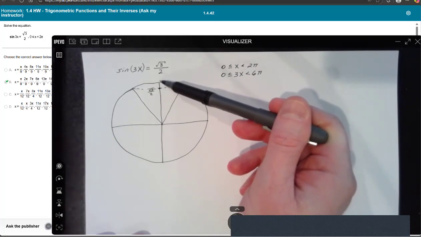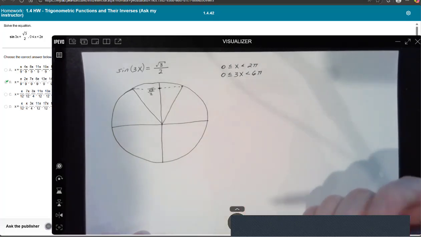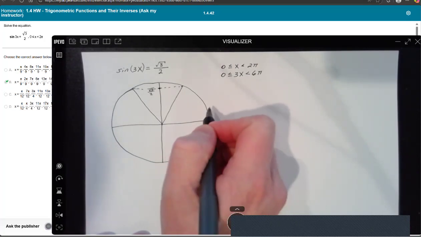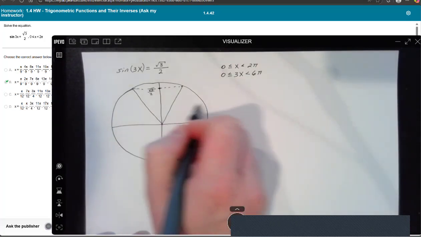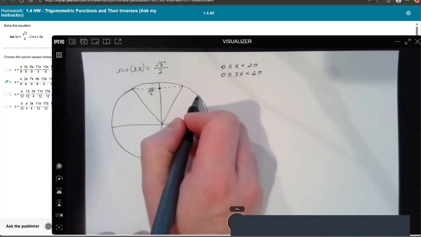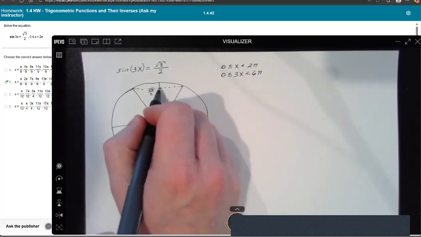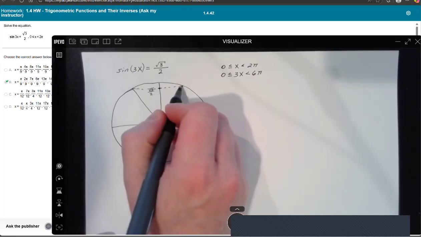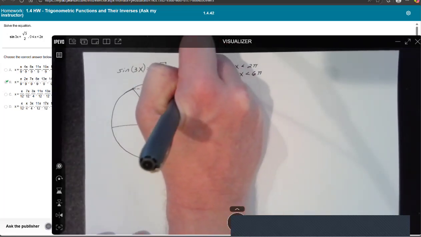Well, I guess 4, when it's 1. But whenever the sine function is 1/2, the angle is pi over 6. When the sine function is the square root of 2 over 2, the angle is pi over 4. Whenever the sine function is the square root of 3 over 2, it's pi over 3.